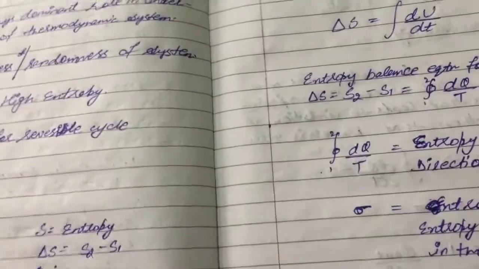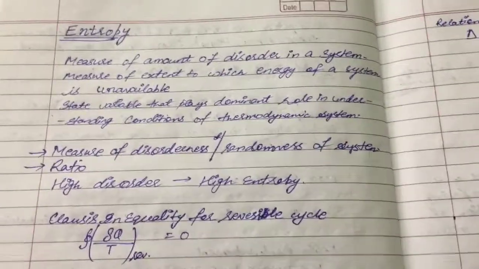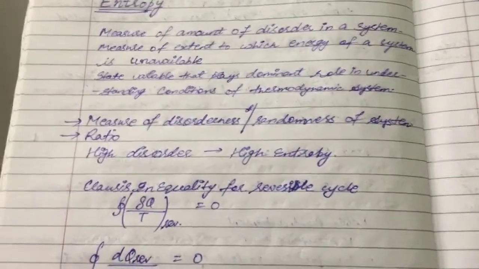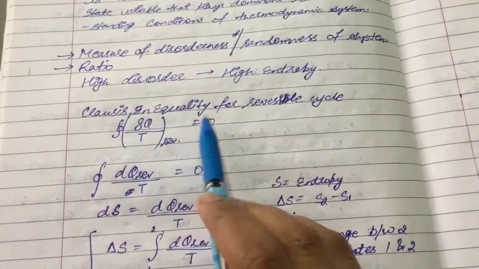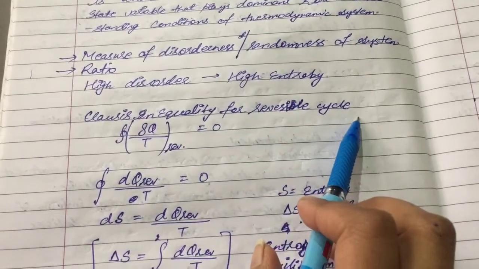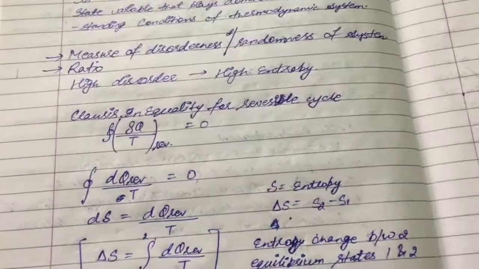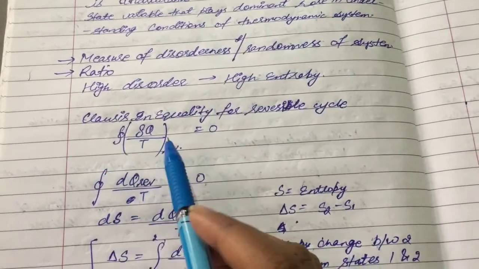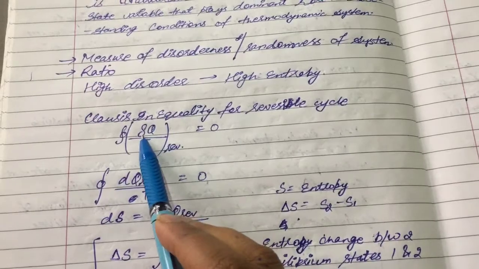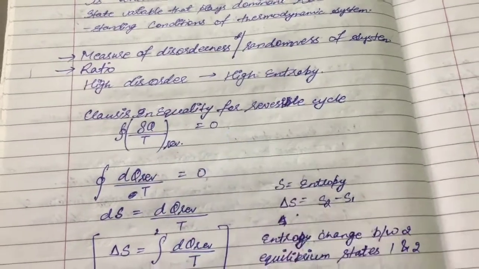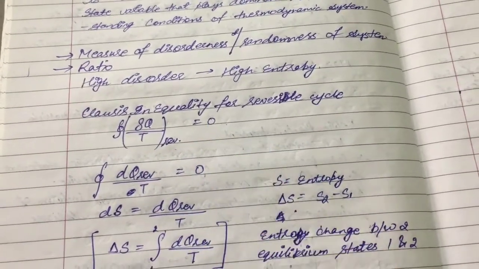Next we have entropy. Entropy is basically a measure of the amount of disorder in a system. So Clausius inequality for a reversible cycle, which we have studied for heat pump as well, is the cyclic integral of δQ by T for reversible equal to 0.